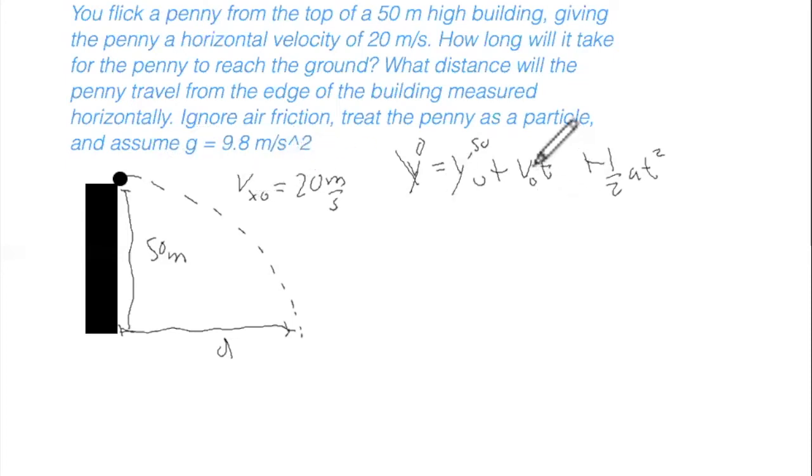There's no vertical velocity, so that's going to be 0. And a is equal to g. And since we assume the initial height is going to be 50, g is going to be negative. So it's negative 9.8.